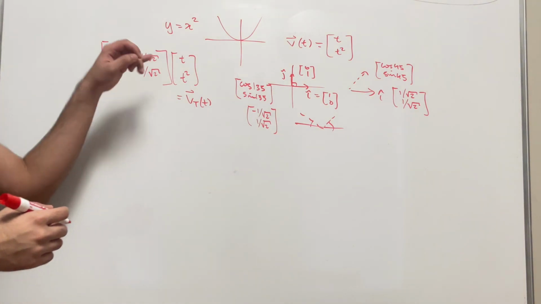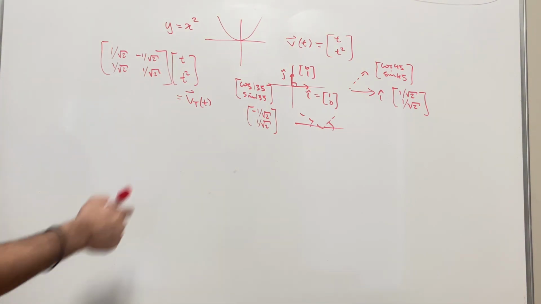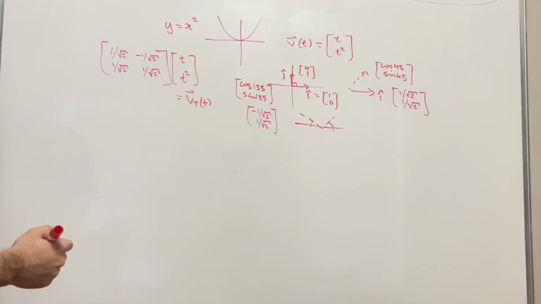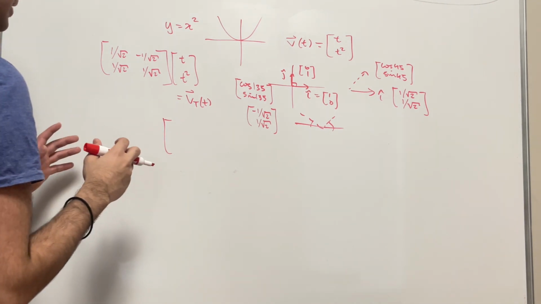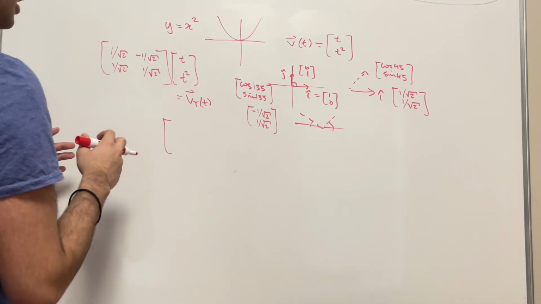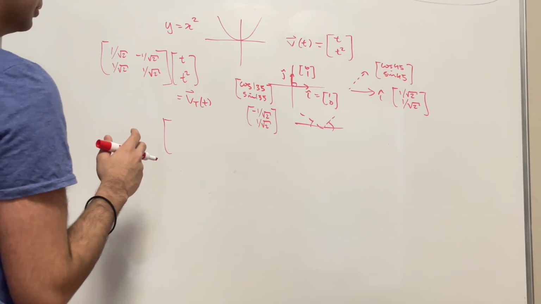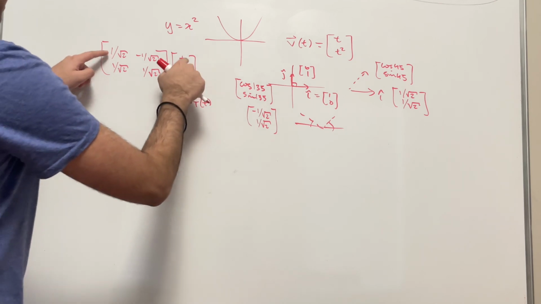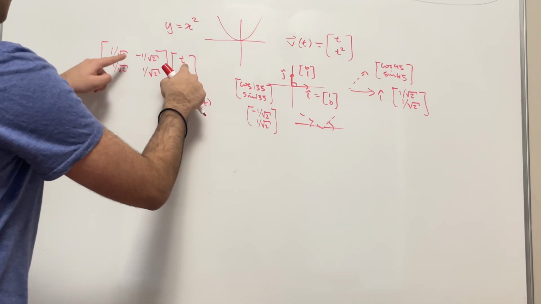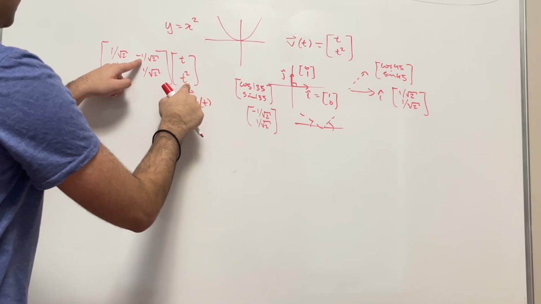So if we do matrix multiplication here real quick, we'll get our new vector function. Rows by columns, right? So we're going to have a 2 by 1 matrix, 2 rows, 1 column. Our first entry is going to be t over root 2 minus t squared over root 2.